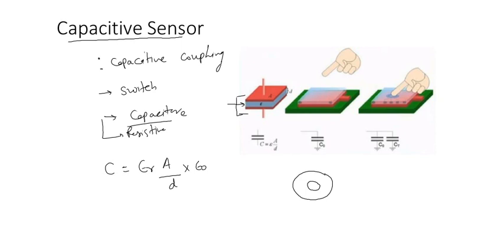Whenever you are bringing your hand closer, these two are not connected, right? So whenever you are bringing your hand closer, these two will be connected by a capacitance. Some capacitive coupling will be introduced between those two plates.